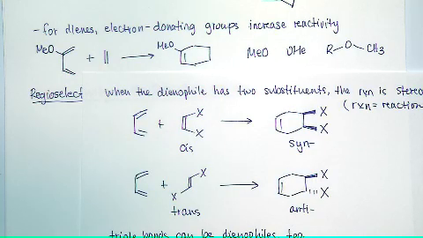So both of those X groups are on the same side of the molecule. And then when we have a trans alkene, the same is true. We keep that stereochemistry, and so the X's are on opposite sides of the molecule.